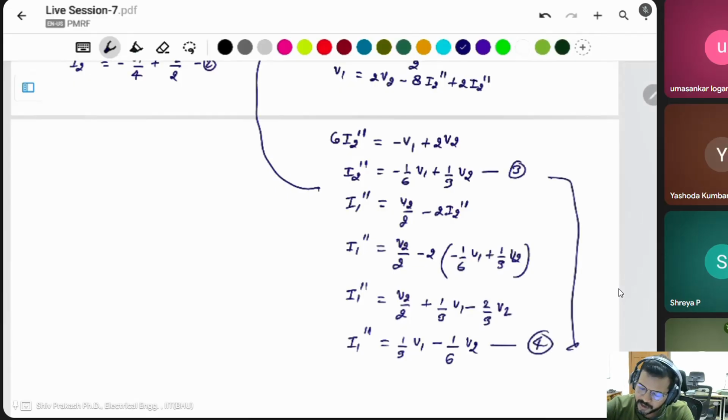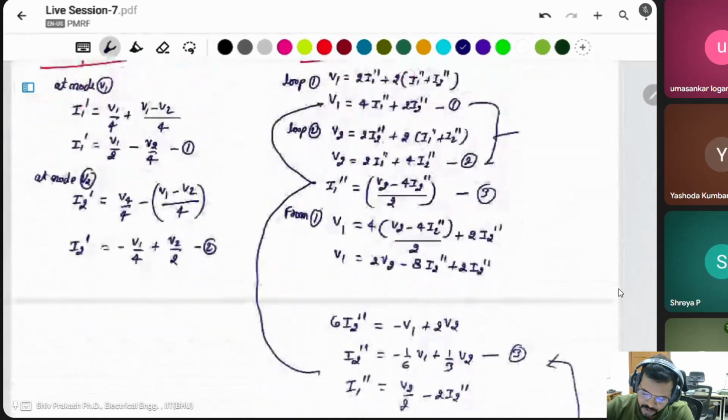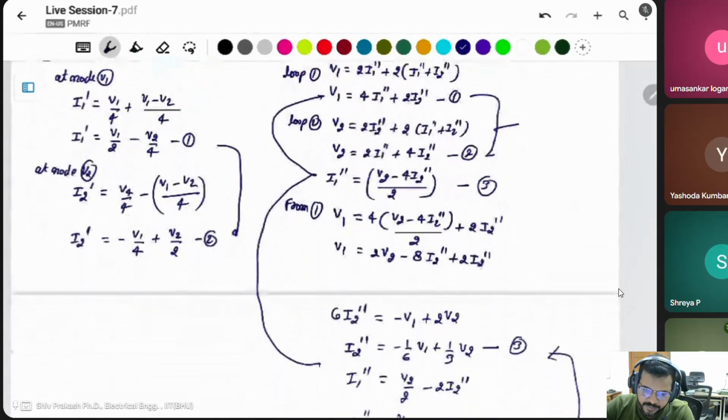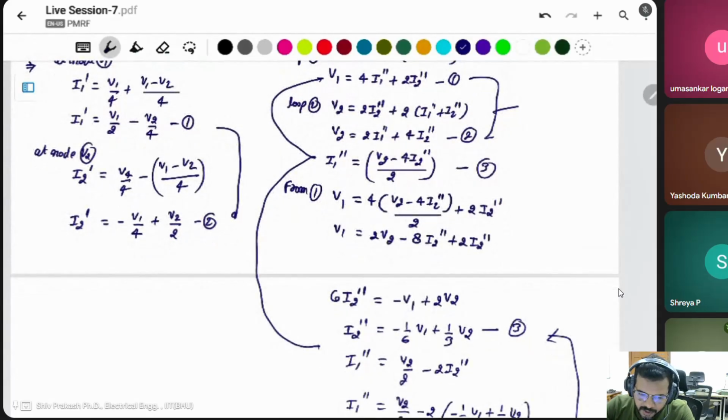These two are the current equations for the second port, second circuit. These two equations are for the first circuit. Then for Y21 we have to find I2 by V1 when V2 is 0.